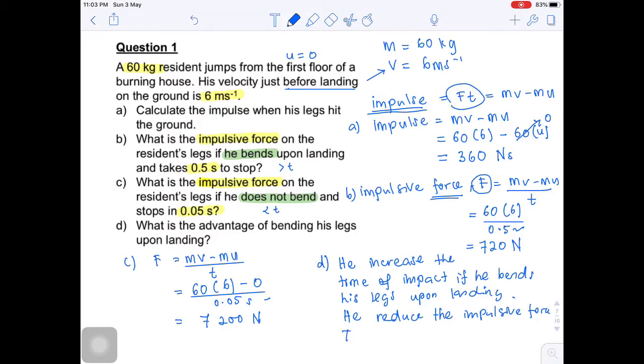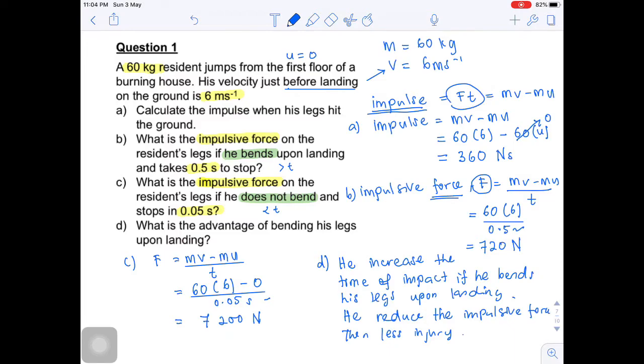Then less injury, because 720 Newton is smaller than 7,200. So if he bends his legs upon landing, he takes a greater time, then the impulsive force is reduced.